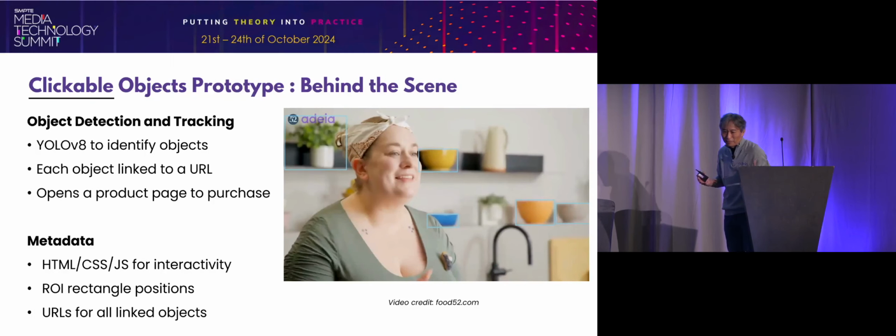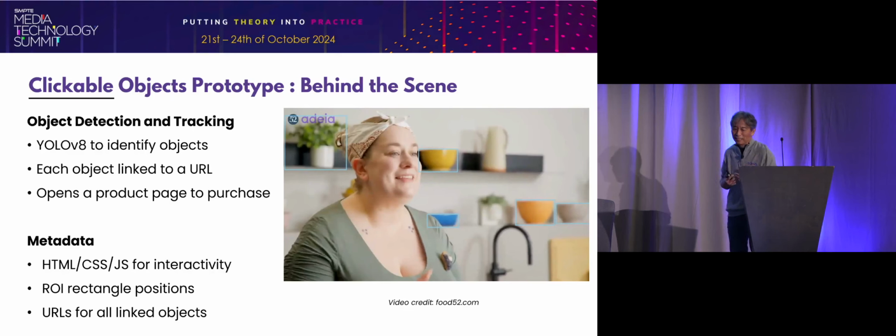And this is what's happening behind the scenes. As most of you are familiar with, this is object detection technology, using YOLO for our demo. Each object is linked to a URL.